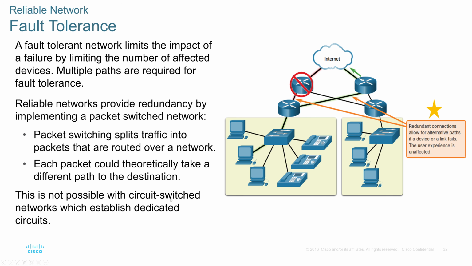This is not possible with a circuit switched network because it will be connected straight on one line and there's only one path between the end users. So a packet switched network increases fault tolerance by splitting the traffic into multiple packets and sending those packets to the same destination using different paths.